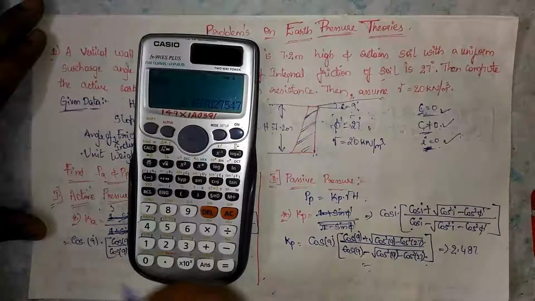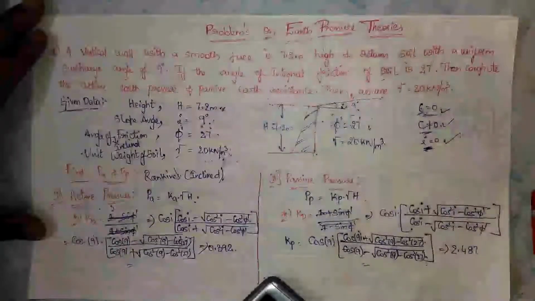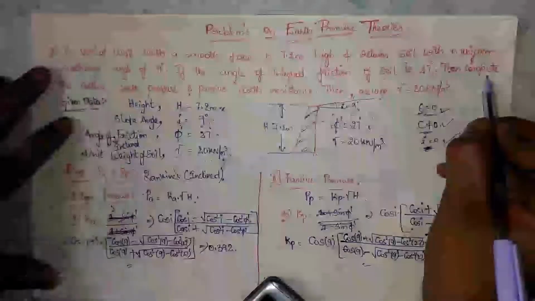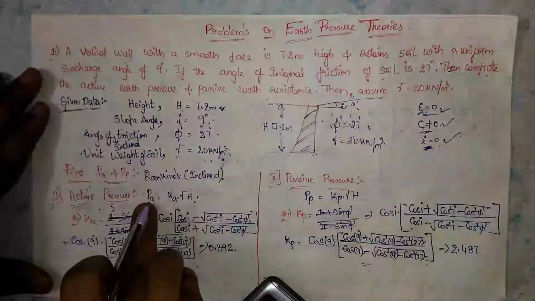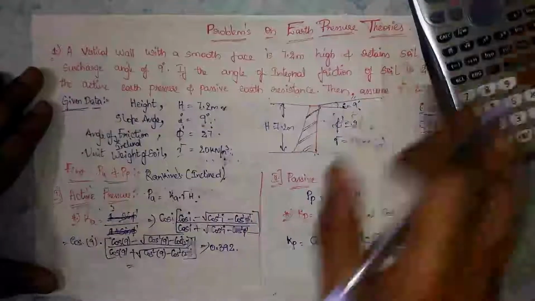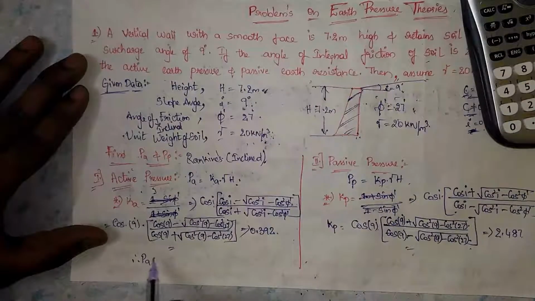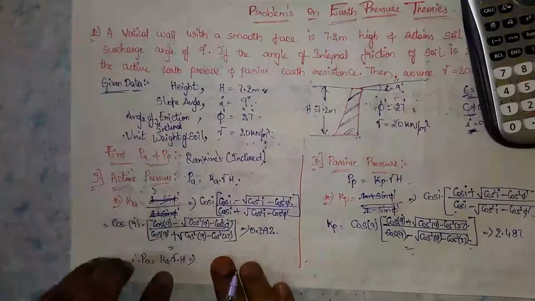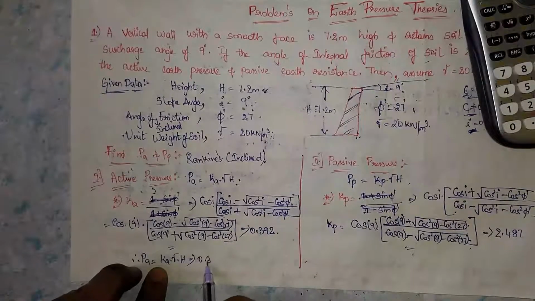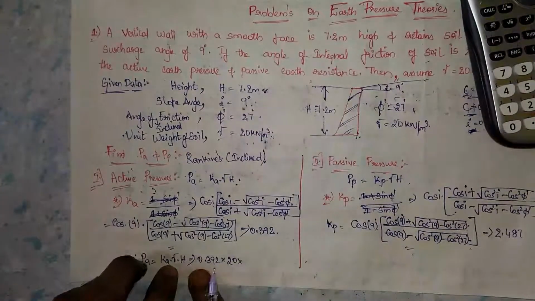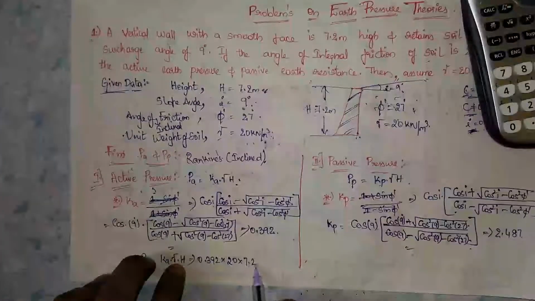Now actually, in the question he told us to compute the active earth pressure and passive earth pressure. We have to find the active earth pressure and passive earth pressure. Therefore Pa equals Ka into rho into H, where Ka is 0.392, into unit weight, 20, into height, 7.2 meters.